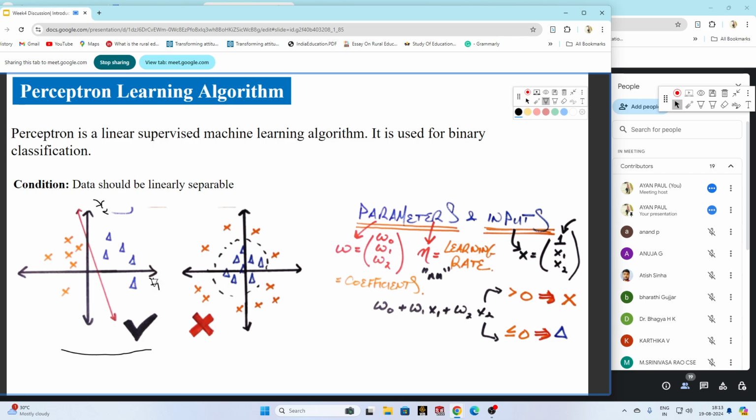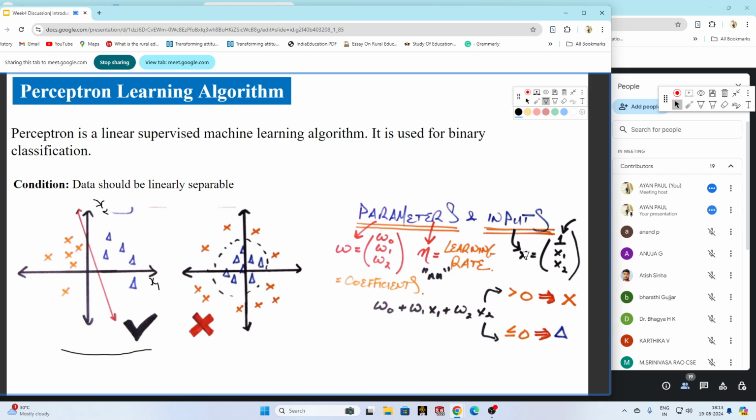So in the perceptron we have x1 and x2, and apart from this we take 1 as a third input, and we keep this 1 as the first element of the matrix. With these inputs we can write it in matrix form.